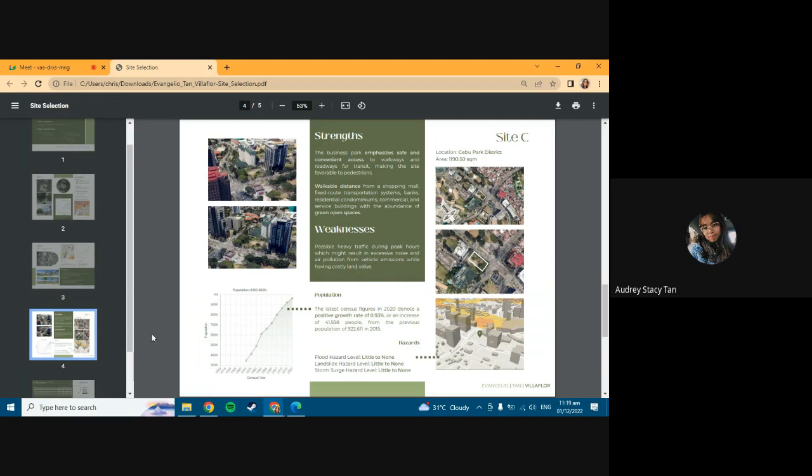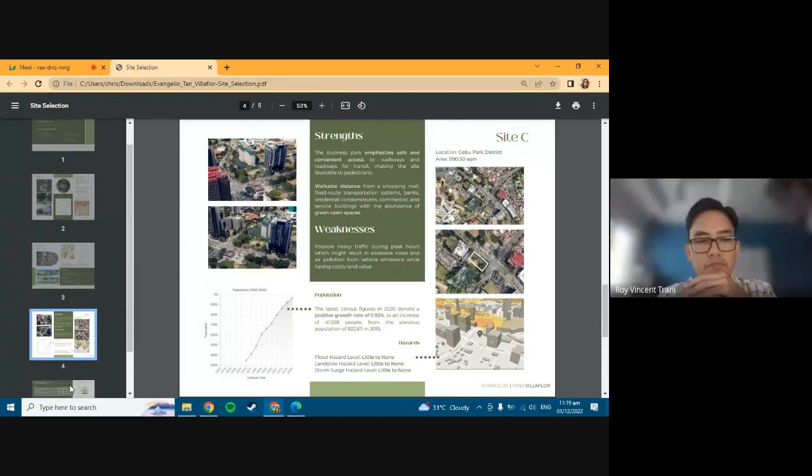The strength emphasizes safe and convenient access to walkways and roadways, and the weakness is possible heavy traffic during peak hours, especially since it's a highly developed area in the Ayala area. And on the very right side is also a perspective view of the lot area.